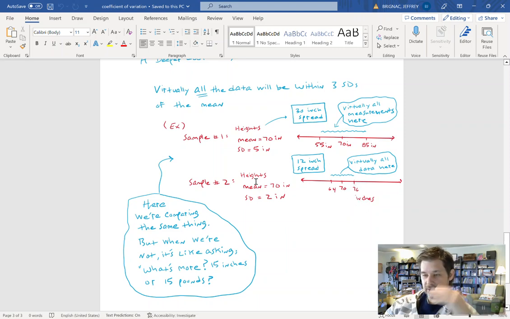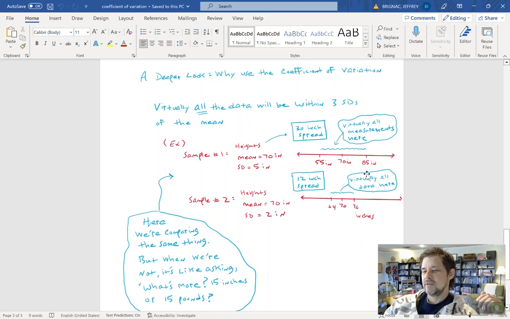Okay, so they measured everybody's heights, right? It's a very safe bet that virtually all of their individual measurements are between 64 and 76 inches. Maybe somebody was 80 inches tall, who knows, right? Anyway, what's the spread look like? Here I got a 30-inch spread.